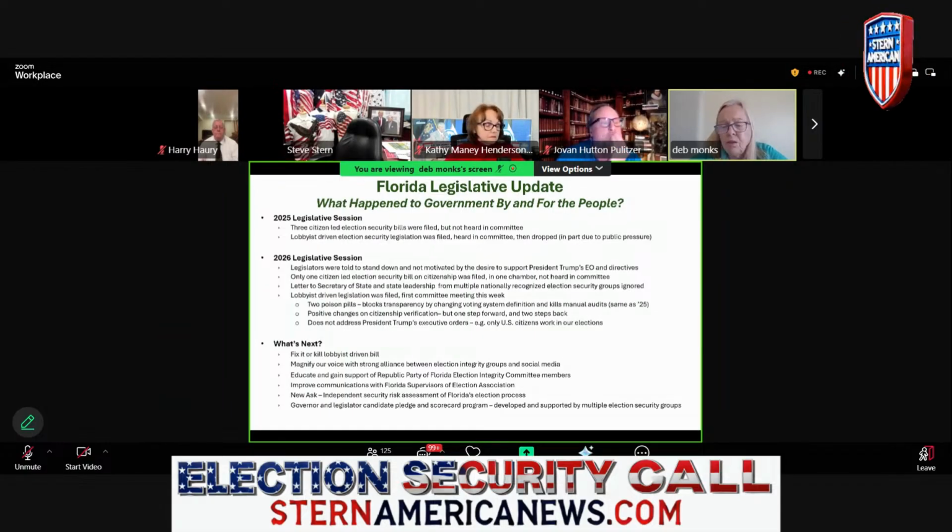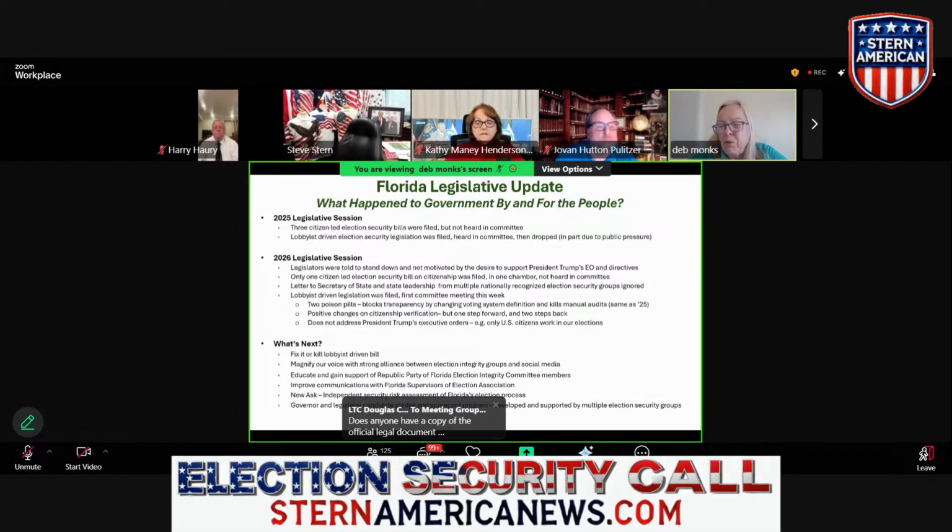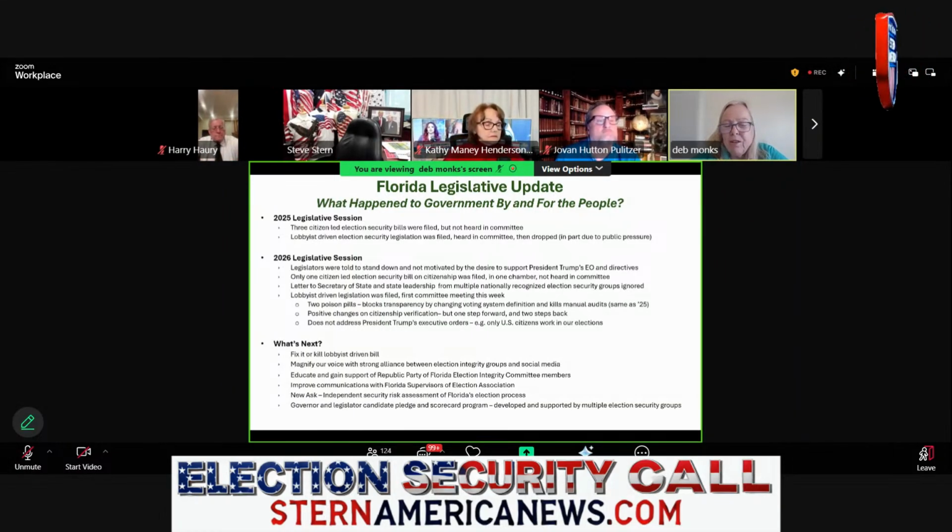And then lo and behold, here comes the lobbyist-driven legislation again, with the same 2 poison pills as the year prior. It did make some positive steps on verifying citizenship, but I would call this window dressing, in that it takes us 1 step forward, but 2 steps back on citizenship verification.